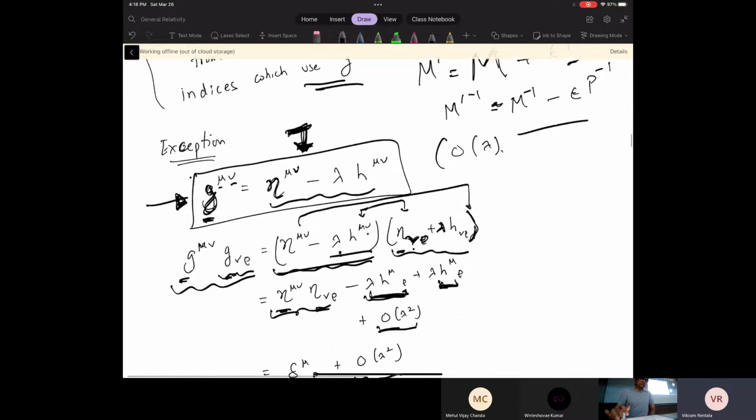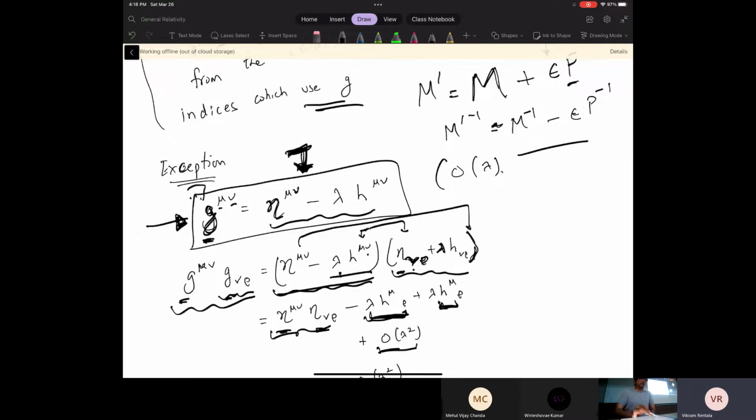Now I said that we'll raise and lower indices using this matrix. Okay, that's the right way to do it. Now, if we raise indices of quantities that are already order lambda, and we're only working to order lambda, then we only need to consider the first part of this, because this multiplying anything which is order lambda will be order lambda squared, and we can drop it.